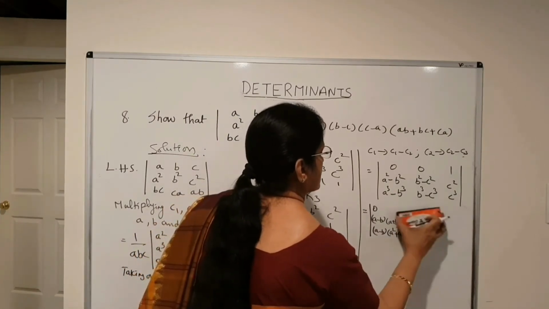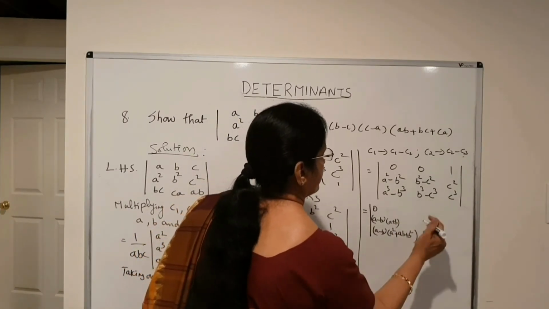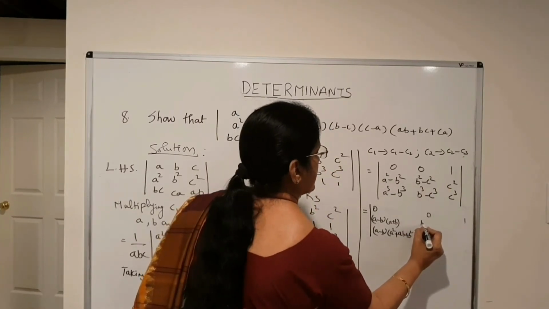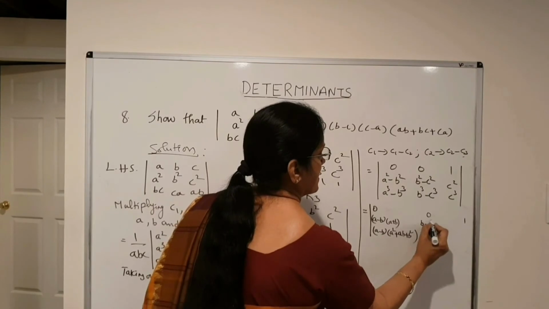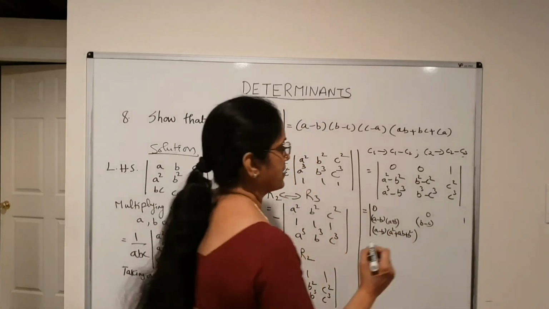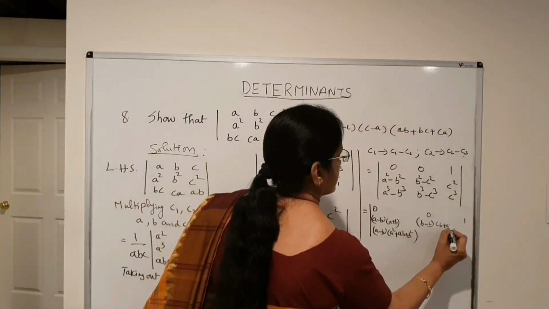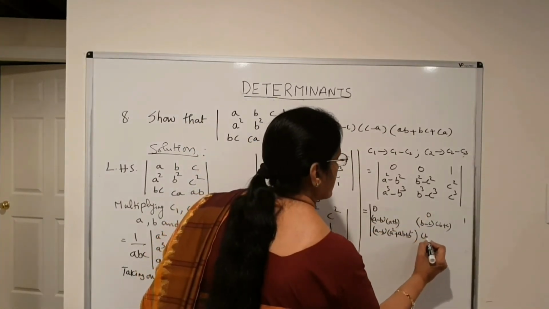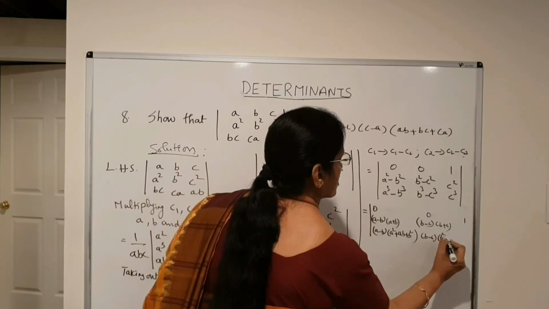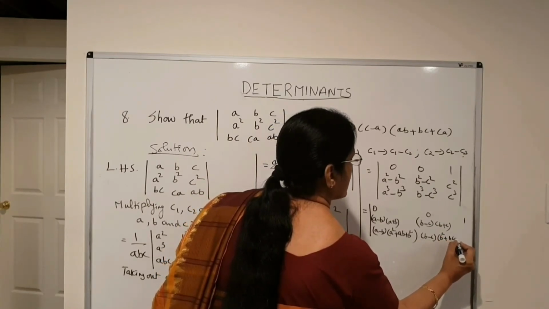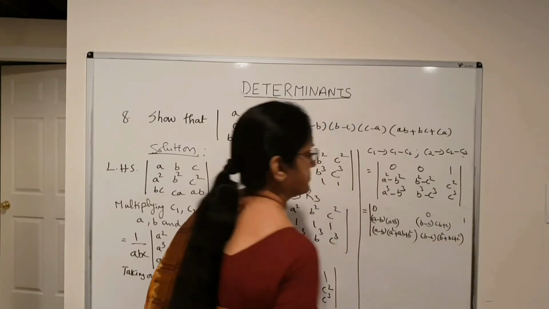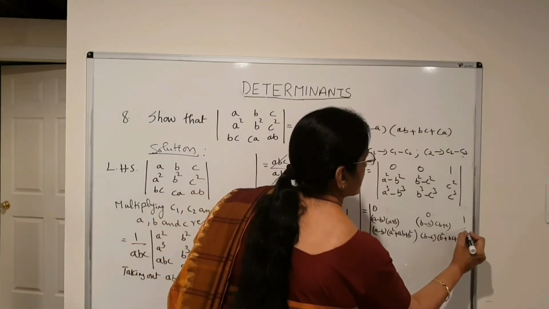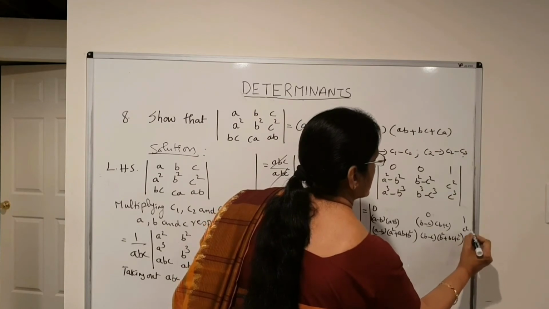Now, B square minus C square I will write as B minus C into B plus C. B cube minus C cube can be written as B minus C into B square plus BC plus C square. Third column will remain the same: 1, C square, C cube.